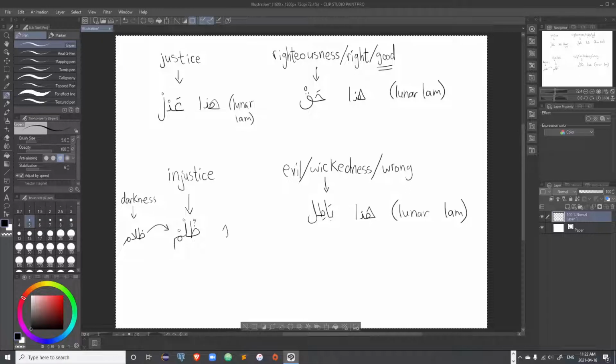And that is هذا. It is a masculine noun. هذا ظلم. And the lamb here is الظلم, not الظلم, which means it is a solar lamb, not a lunar lamb. And that is about it for extra nouns.